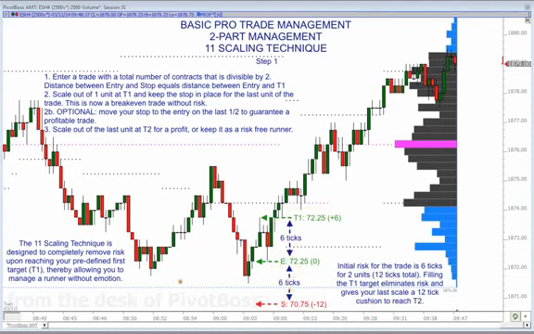Does that make sense? So you're risking 6 ticks, price pushes higher 6 ticks, and you take half of the trade off. So now you're up 6 ticks. You have 1 part of the trade still left. And that part of the trade is sitting right here where you just exited half that trade.